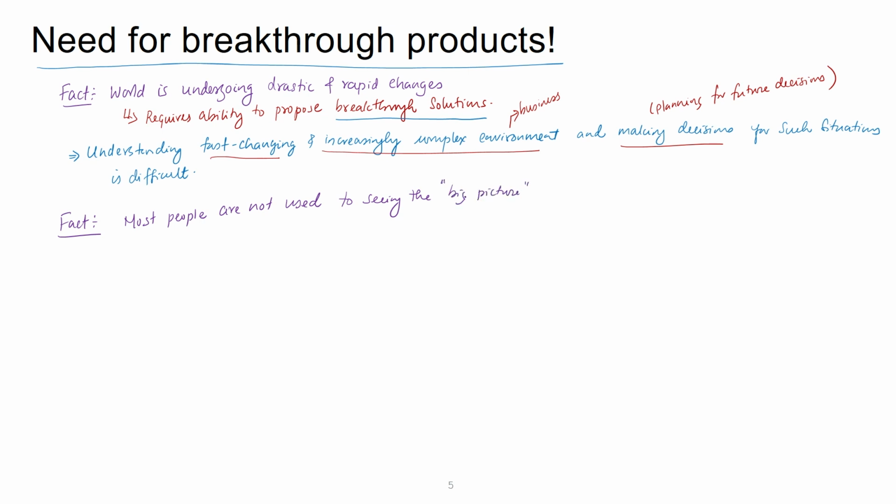This is a critical aspect. People tend not to see the big picture. Why? People mostly solve problems faced by a tree, or even a branch of a tree.